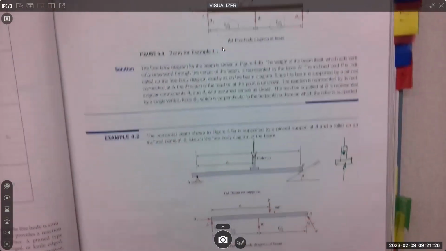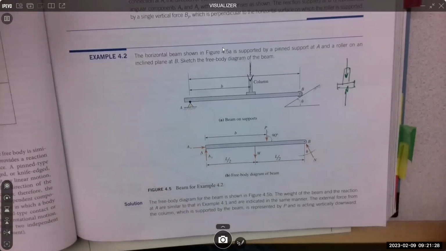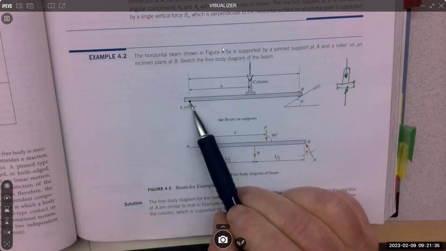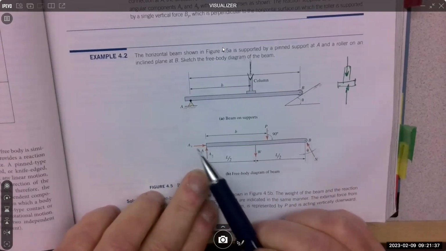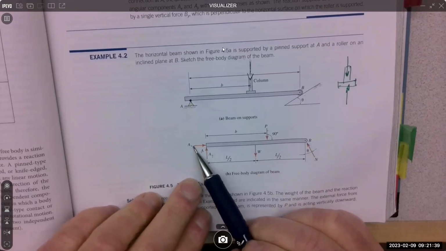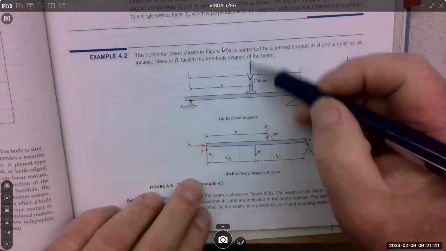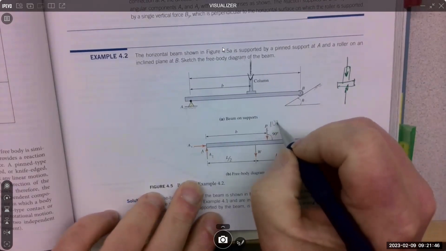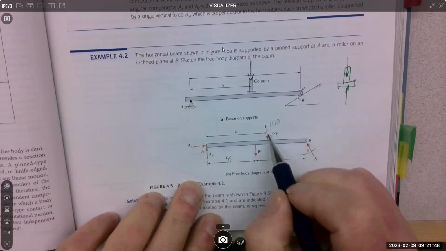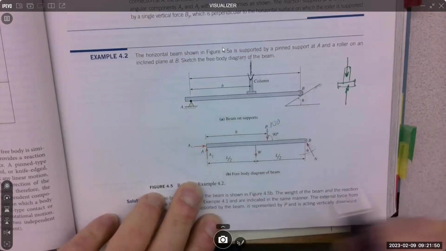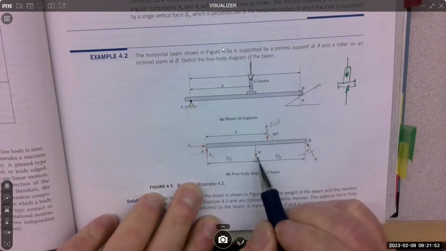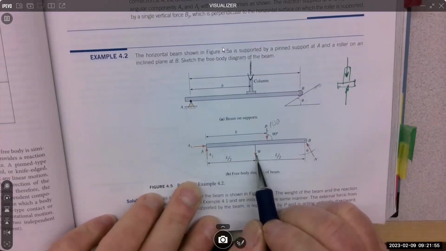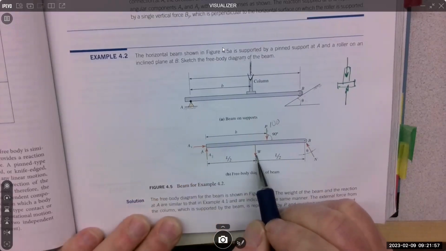The labeling system needs to be consistent with all of us, so we all have the same kind of labeling system. If this is labeled point A, then the reactions are going to be AY and AX. This is just an external load. Whatever that load was, we put it in, 100 pounds, who knows? This is not a reaction. This is an external load. The weight of this object is not a reaction. It's an external load, okay?